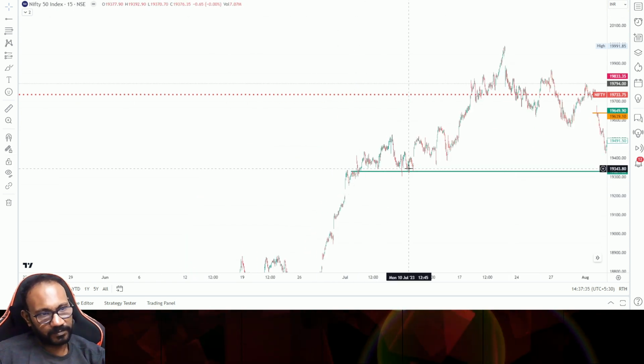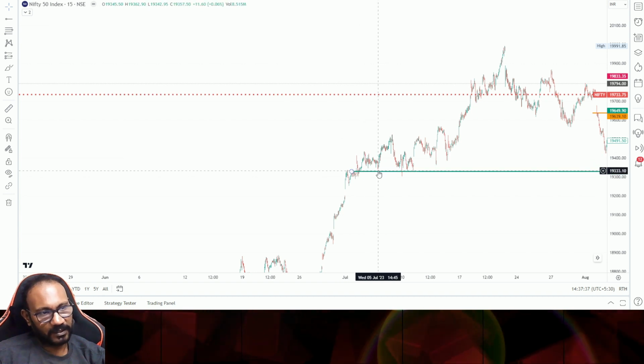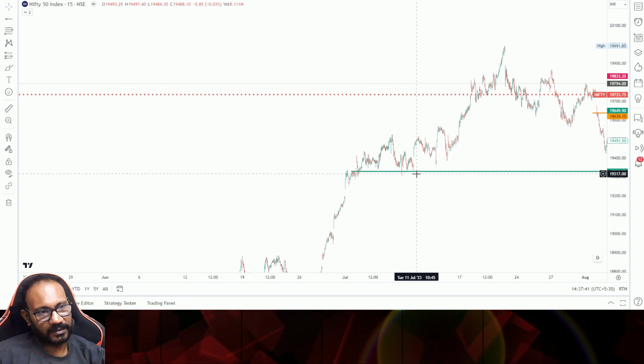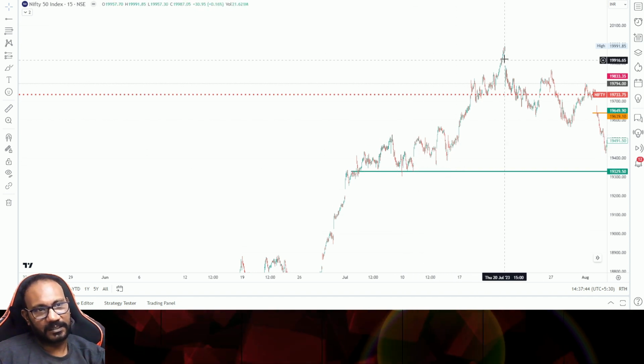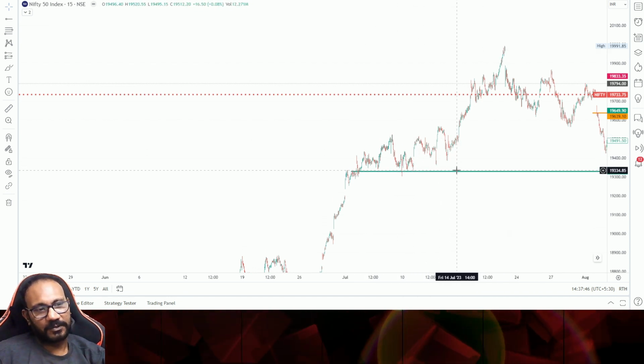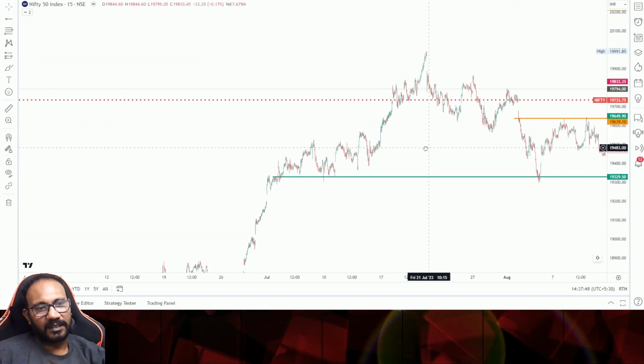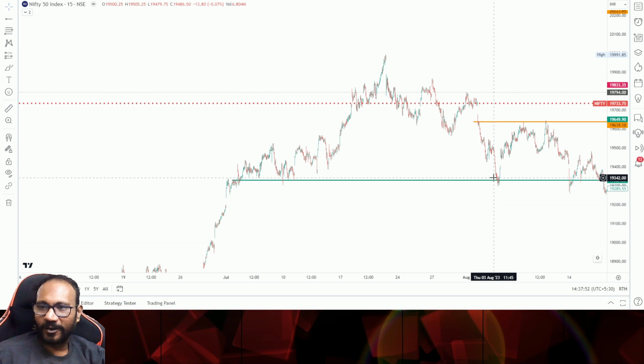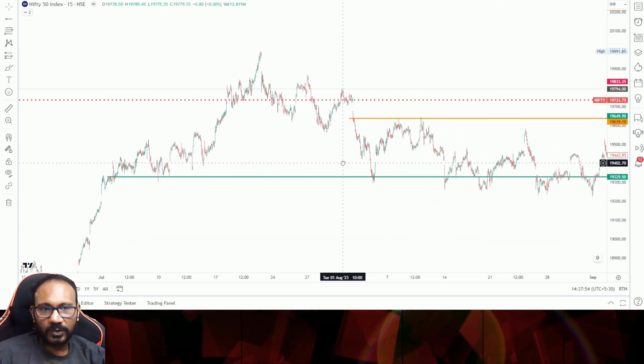See, the market tried to go down, then took support here, went up, tried to break down, again took a support, tried to break down, again took a support, and then it continued to rally. So the more number of times the market finds a reversal or rejection, the more it is a zone to watch out for.